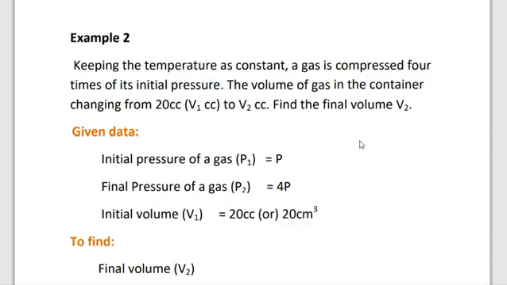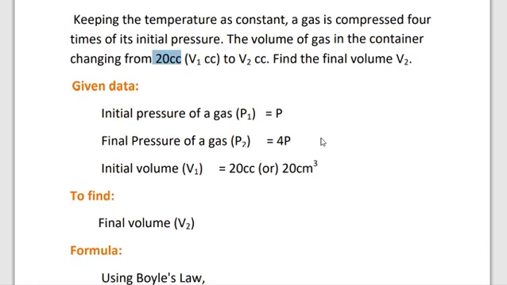The volume of gas in the container changes from 20 cc to V2 cc. So we find the final value. This is the initial value, 20 cc. So it changed to some value. We calculate V2. V2 is the final value. Here cc means cubic centimeter or centimeter cube.